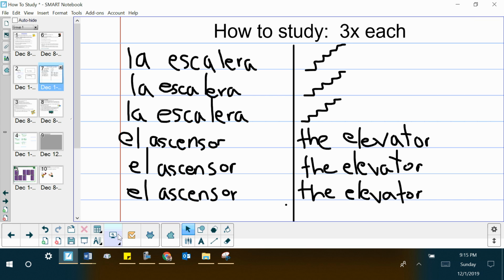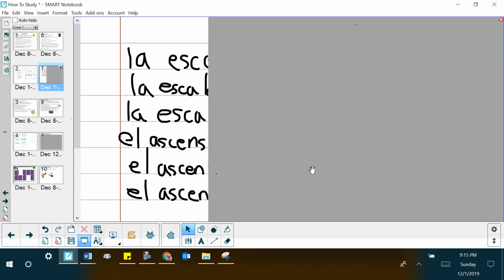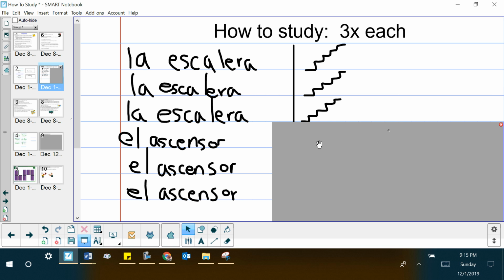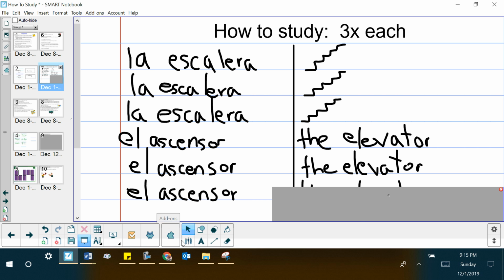So let's practice. I'm going to cover my words, and I'm going to see la escalera. That means the stairs. Yep. El ascensor. That means the elevator. Yep. So good job for me. I'm going to give myself a check.